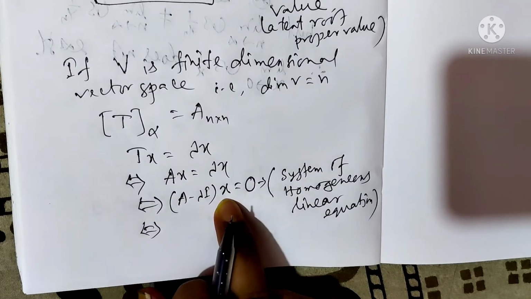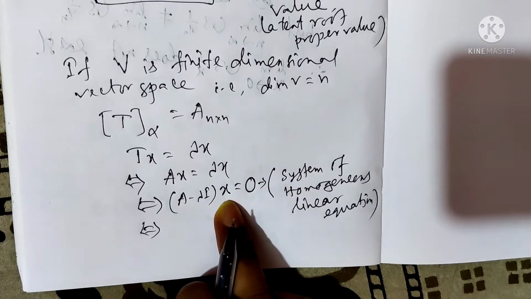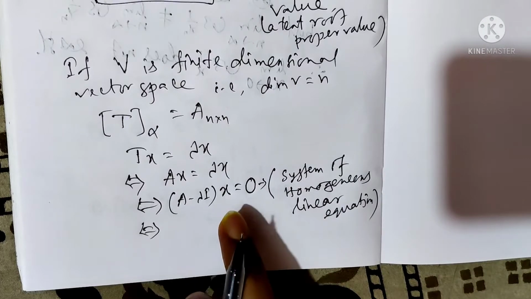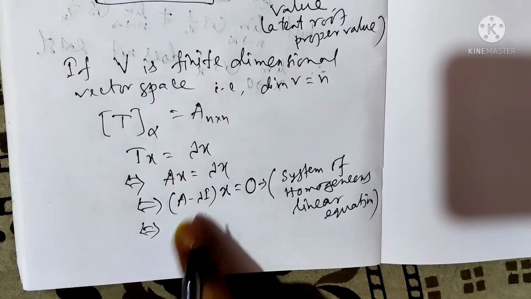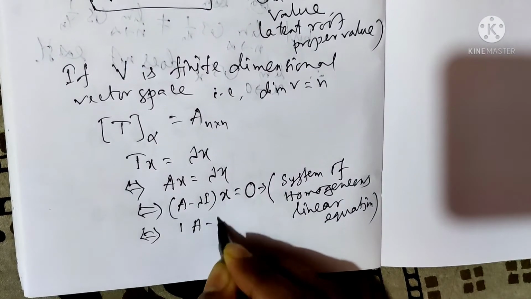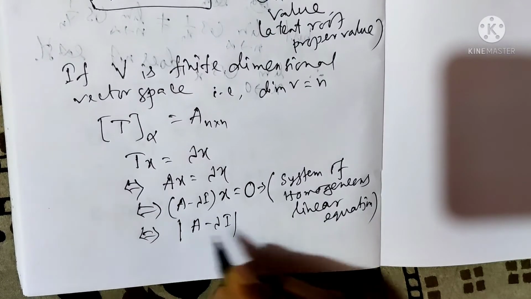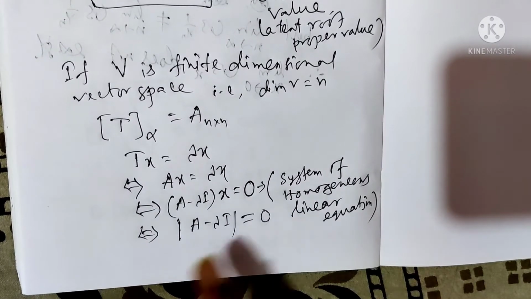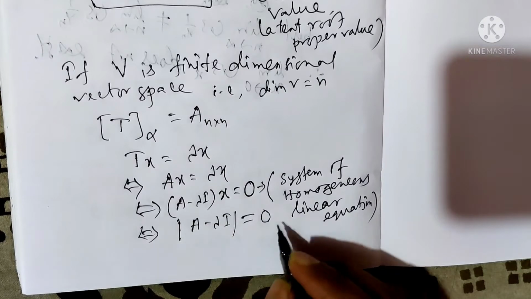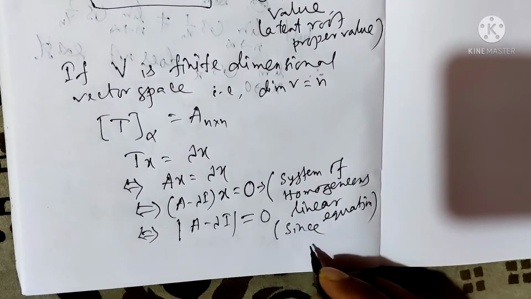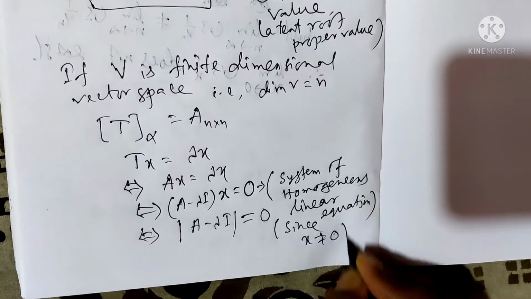Since X is not equal to 0, it is a non-zero solution, which implies determinant of A minus lambda I equals 0.